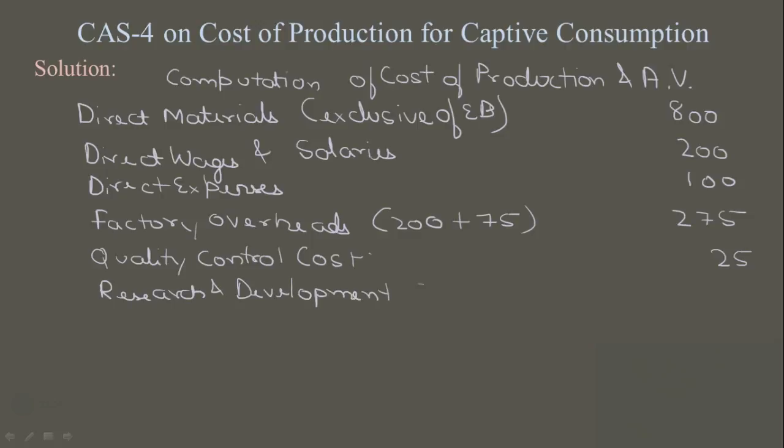Same, 25. Then we have administration overheads. How much? Till it is related to the production activity. So 100 into 20%, it is 20.